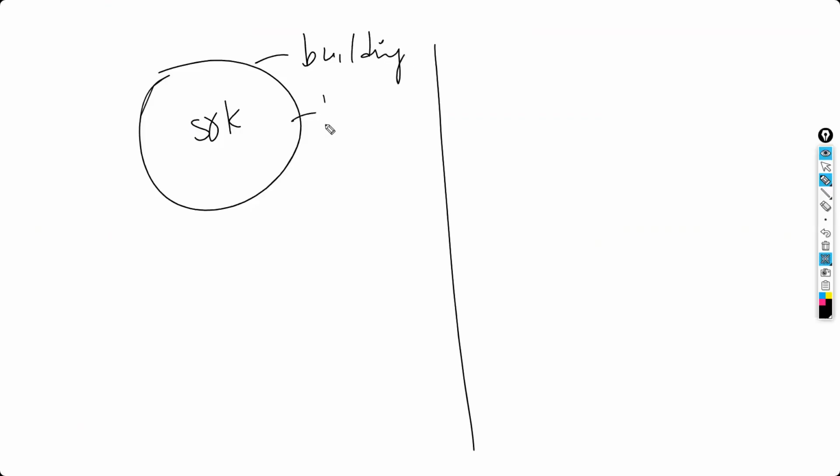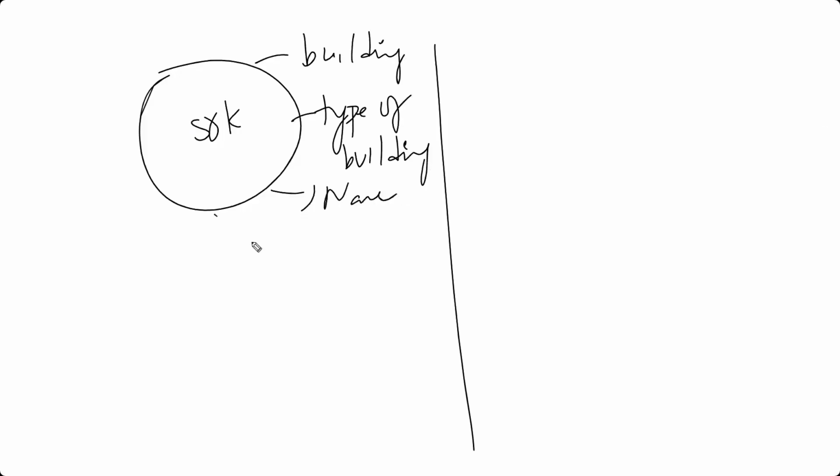And for that building, there will be a type of building, and one name and one address. Why are all these things required? The building is required to store the value.